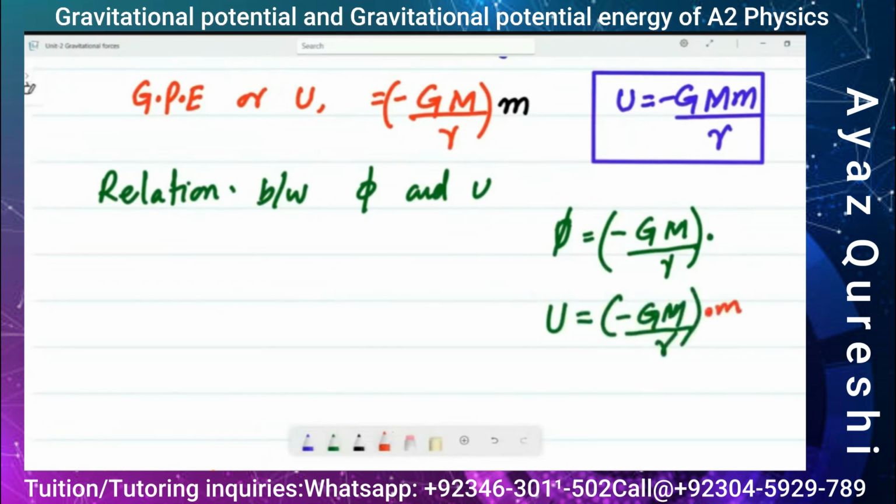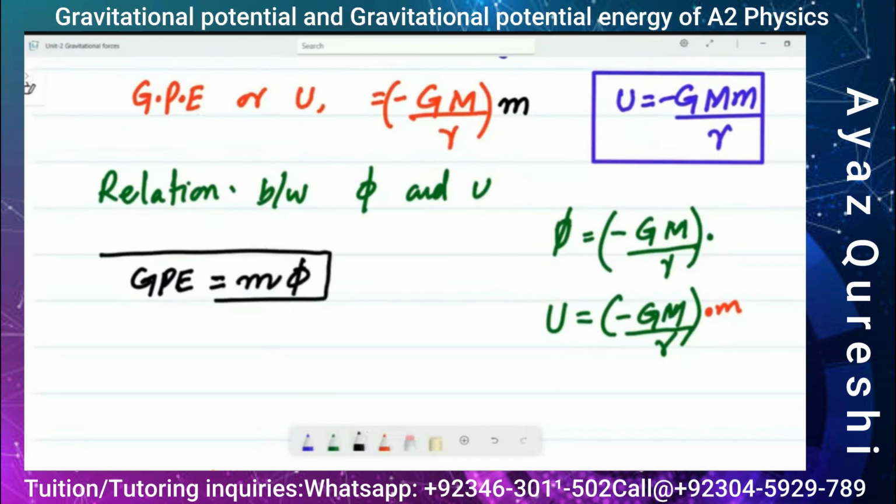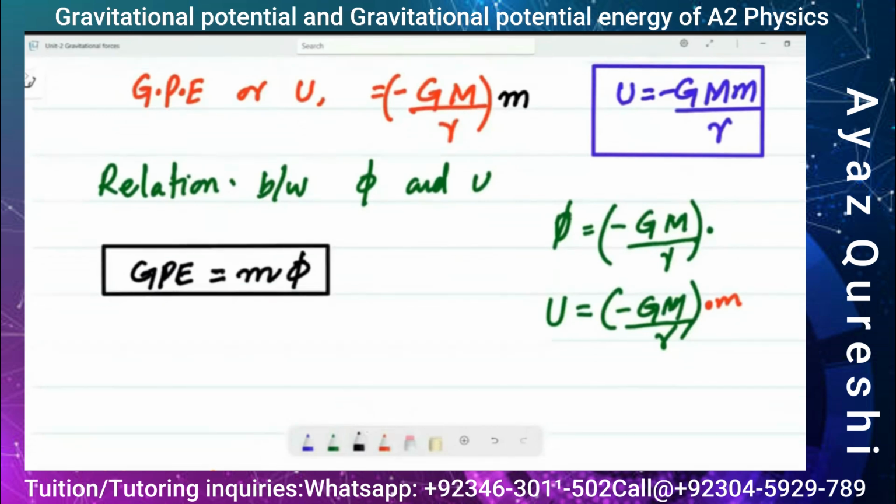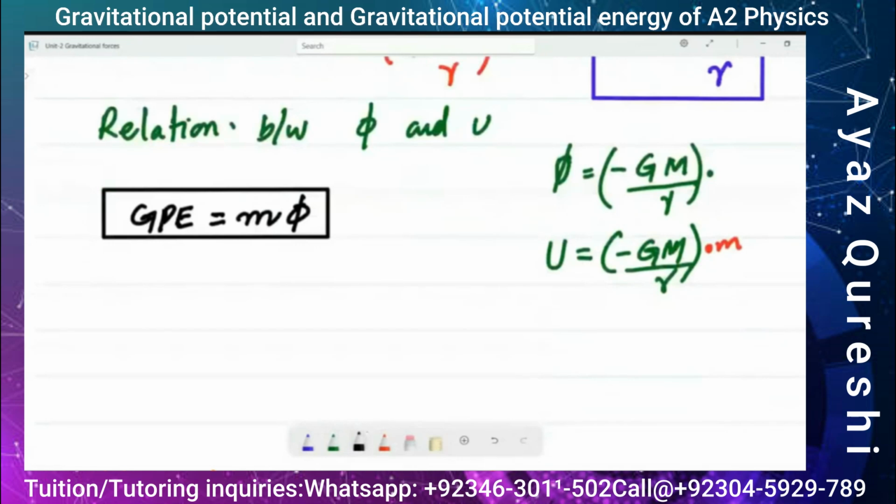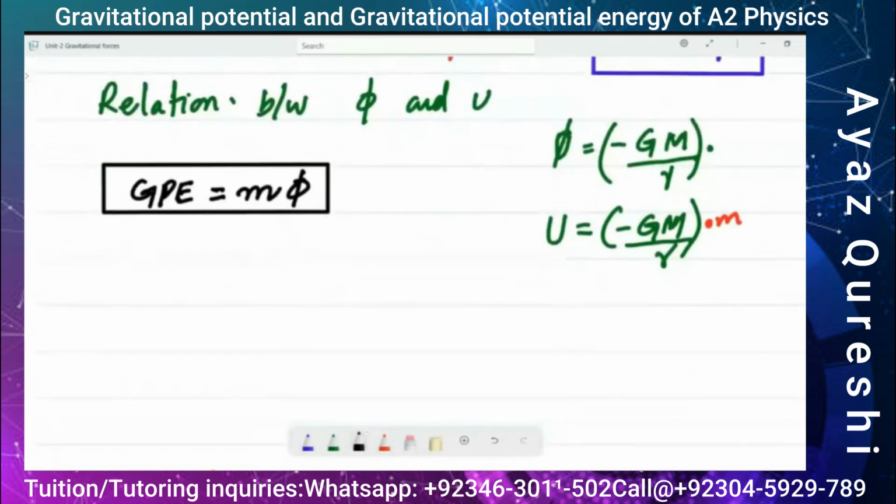So again I say that gravitational potential energy, GPE, I think we use GPE more, is equal to m times phi. This is very important. phi is equal to minus GM divided by r.